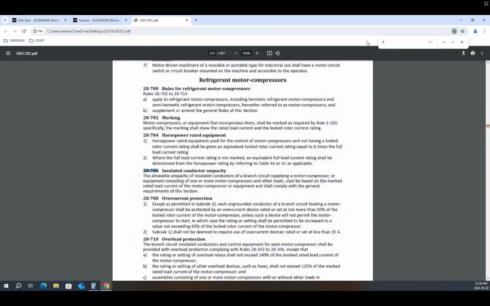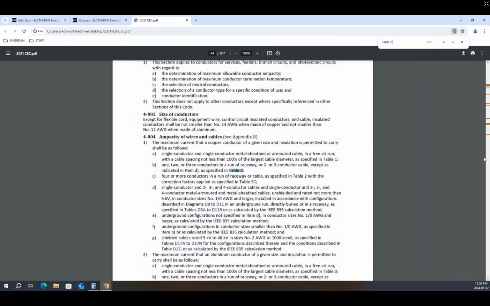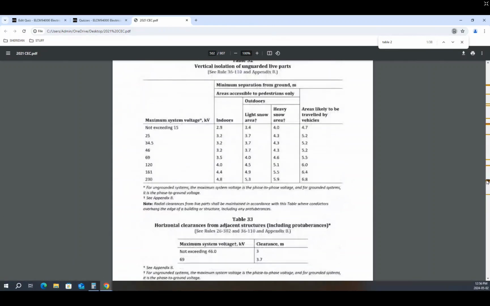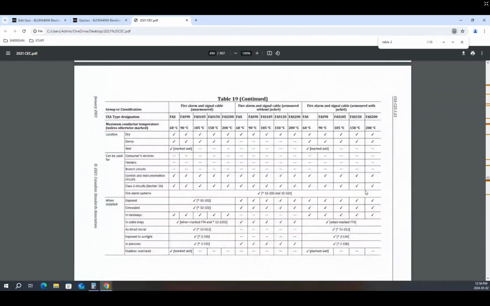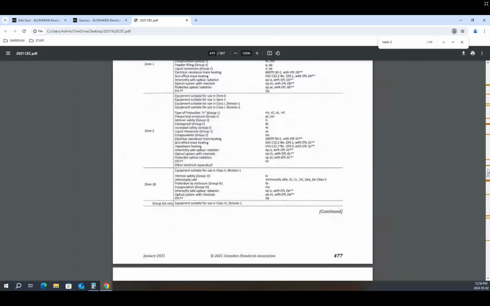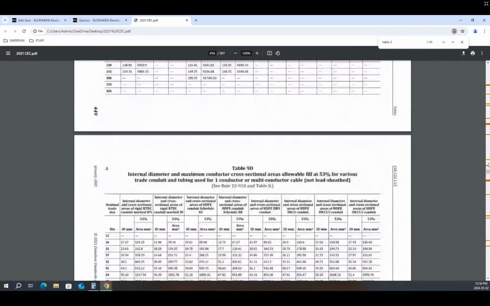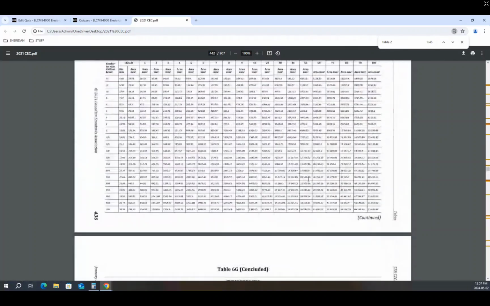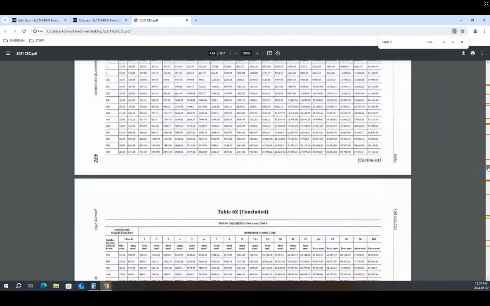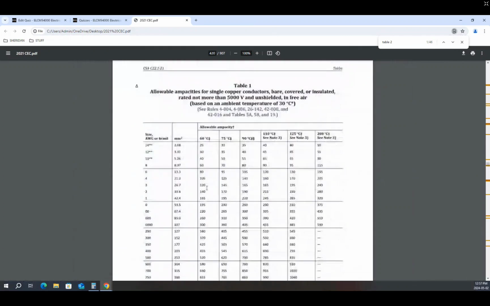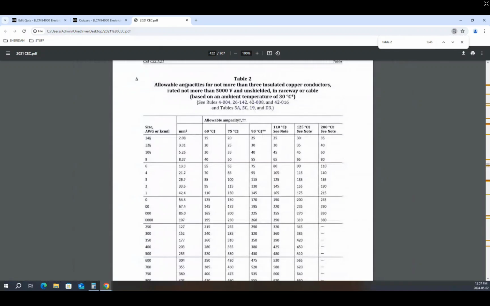And then I'm going to go to table 2. Table 2, allowable ampacities at 60.